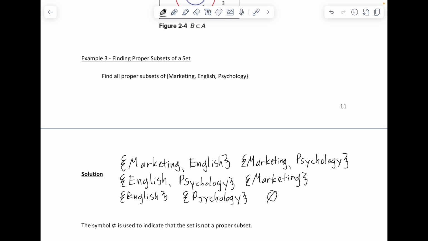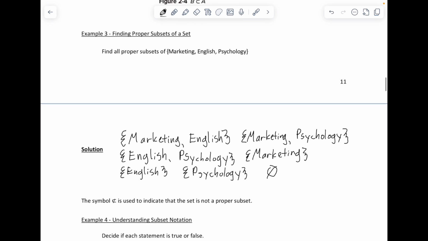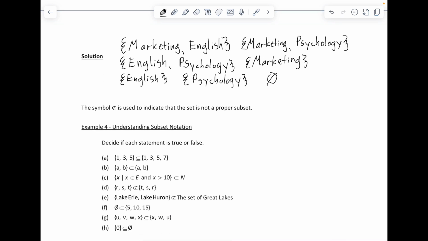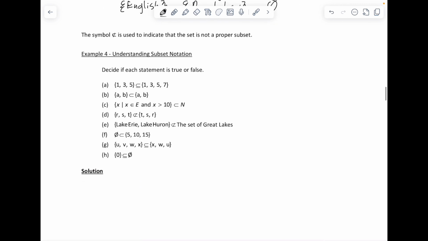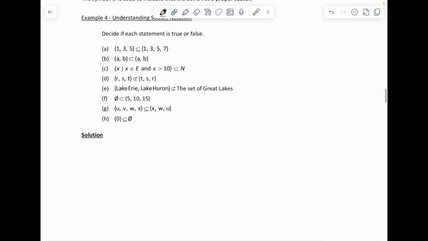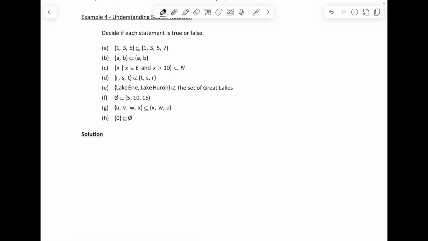Okay, let's just do another example just to help us understand all of this notation that we've been introducing. And we want to decide if each statement is true or false. So let's start with A. So what do we have here? We have the set 1, 3, 5.